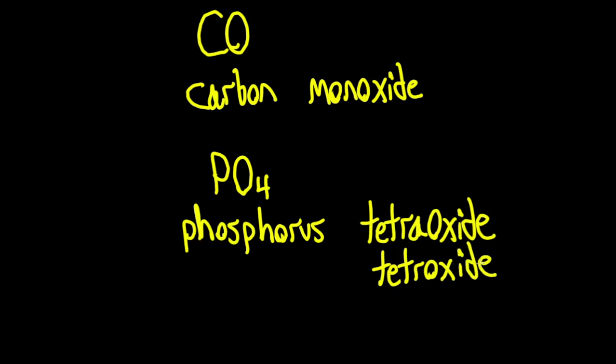Same thing, okay? And my hazards for both of these, just like the other ones, are going to be that when it comes into contact with water, I form oxyacids, and these are toxic by themselves. Alright, that's it for non-metal oxides.